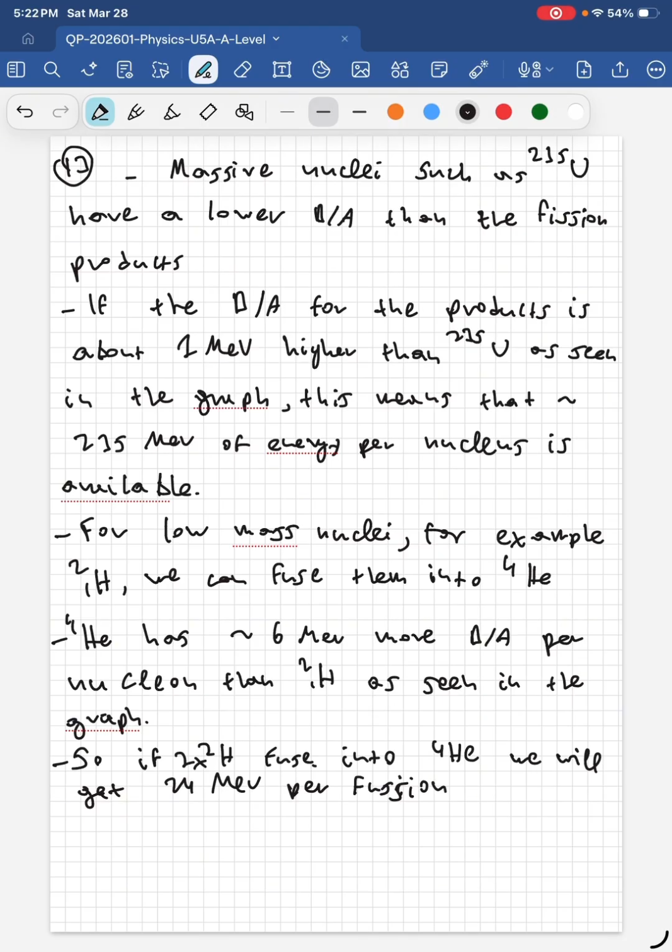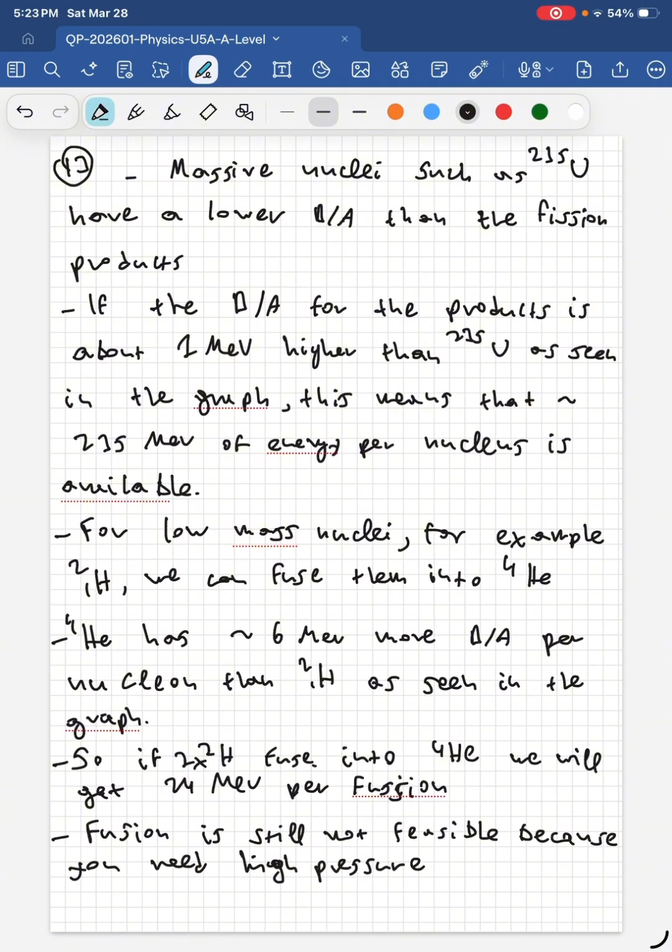But this is under development. The joke is that nuclear fusion is always 10 years into the future. So fusion is still not feasible because you need high pressure containment and high temperature, which are hard to achieve in a lab setting.